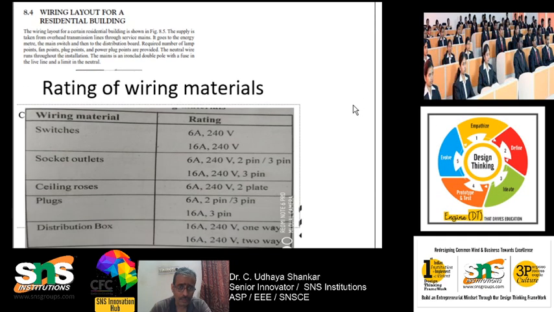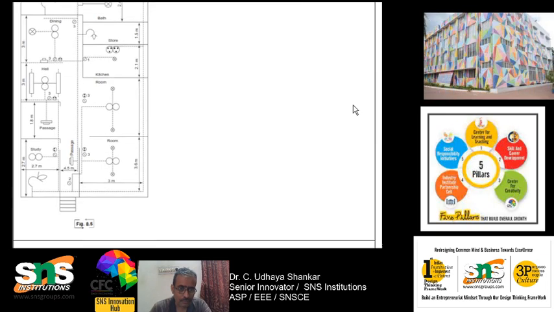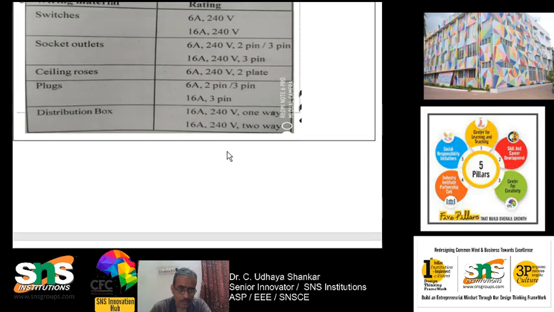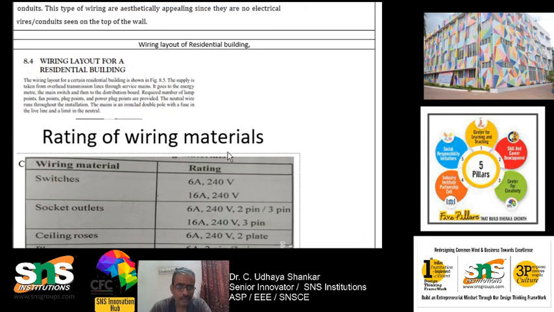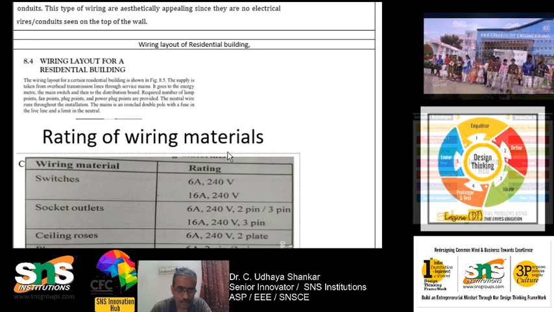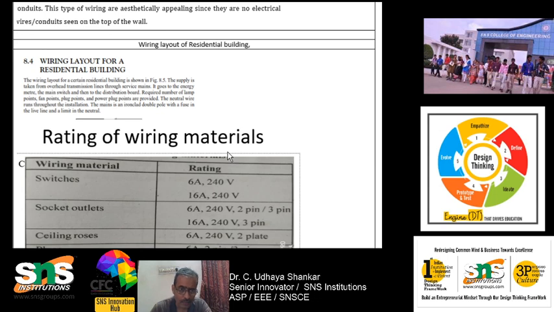Now we will discuss the wiring layout of a residential building. Here I have given some diagrams. This is the diagram for the wiring layout. Supply is taken from the overhead transmission line through the surface mains, and it goes to the energy meter, then to the main switch, and then to the distribution board, with the required number of lamp points, fan points, plug points, and power plug points.